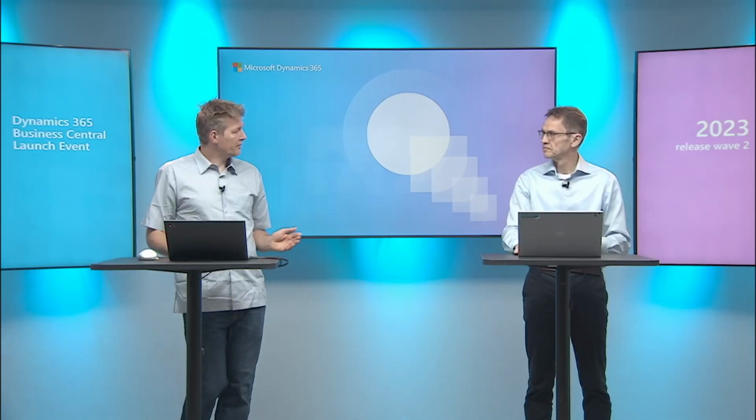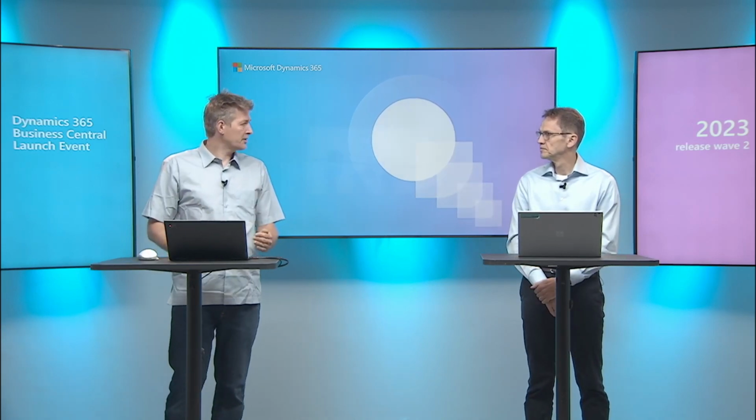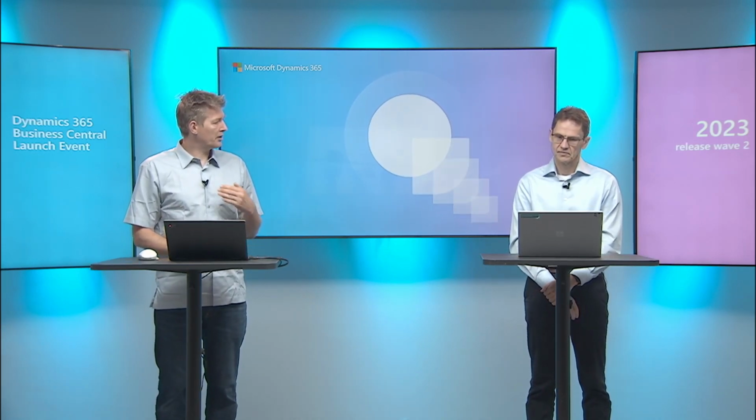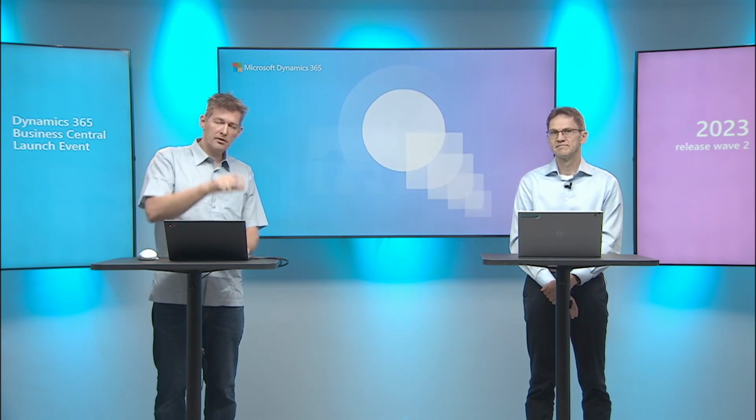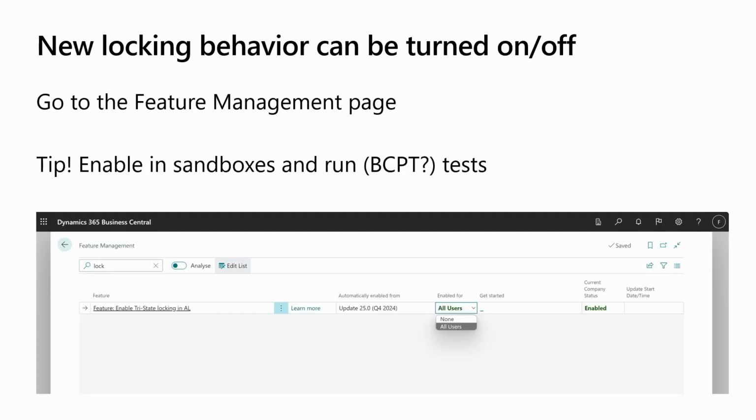And this is part of, so concurrency testing is one of the most difficult ways to test code, right? That's why I put in, Jens didn't know that, but you can see this BCPT question mark in there, because there is actually a tool that can help you do concurrency tests and flesh out locking issues.